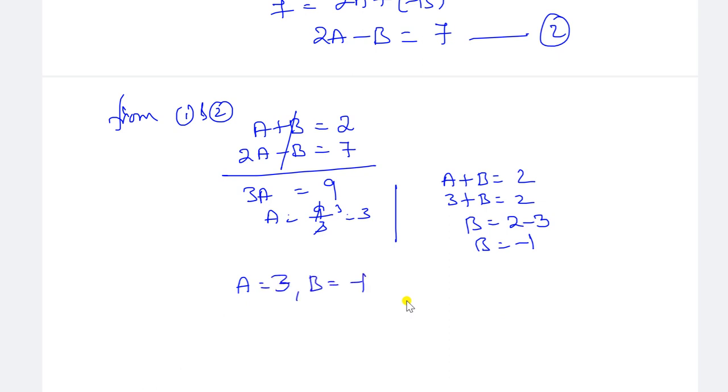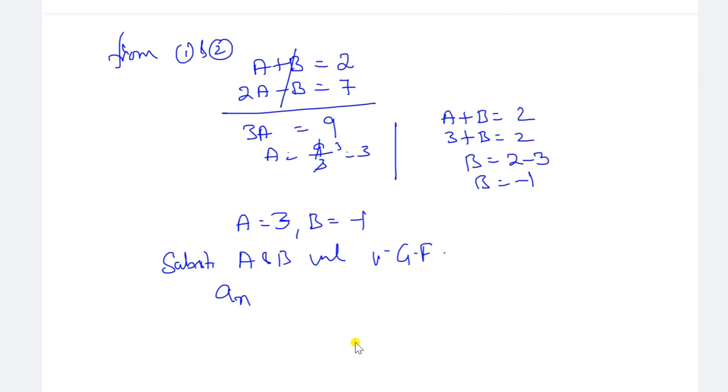Now substitute the a and b values in the general form equation. Now we will get a_n equal to a into r1 to the power of n plus b into r2 to the power of n.